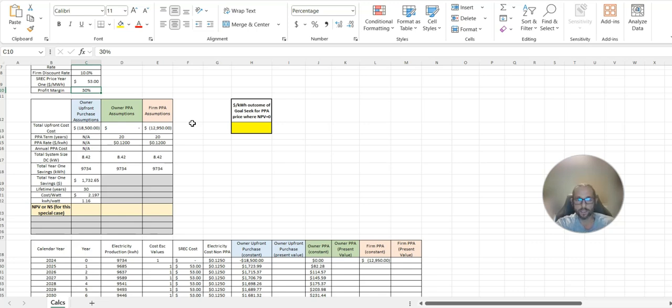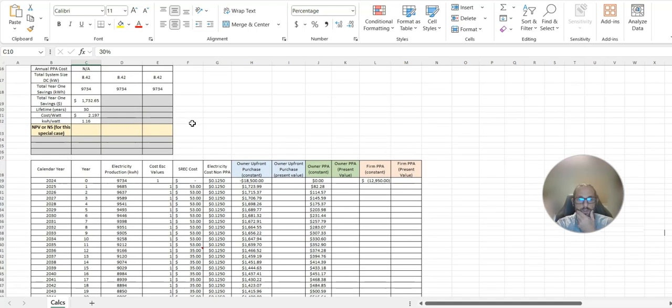So the idea here is just to think through all the considerations in a PPA. Okay, so you have to understand all these discount rates and cost escalation and all that sort of thing. So that's really the point here.